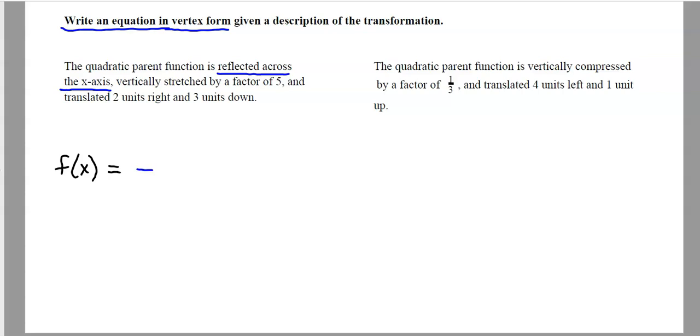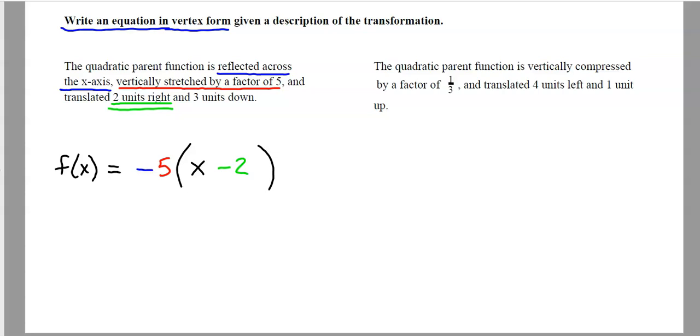Then we vertically stretched by a factor of 5. So stretch factor is going to go here. Then we translated 2 to the right. So in parentheses, we'll do this in green, 2 to the right. So 2 to the right means I have a minus 2.